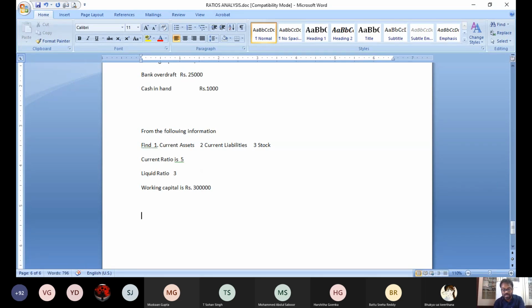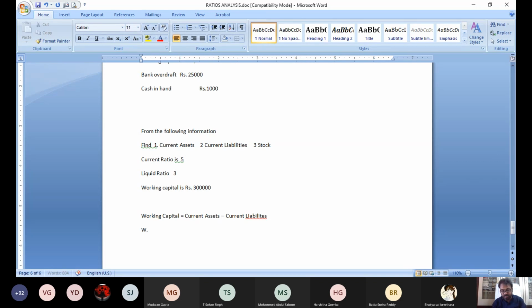So always remember, working capital is equal to current assets minus current liabilities. Working capital is equal to current assets minus current liabilities.